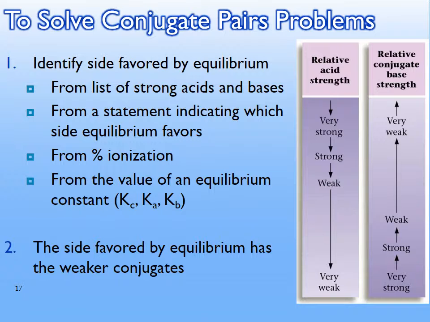If it says it's 100% ionized, then you're dealing with a strong acid or base. Or from the value of an equilibrium constant, such as Kc, Ka, or Kb. Ka and Kb we'll address shortly in the next presentation. And once you identify the side that is favored by equilibrium, then that is the side that has the weaker conjugates.